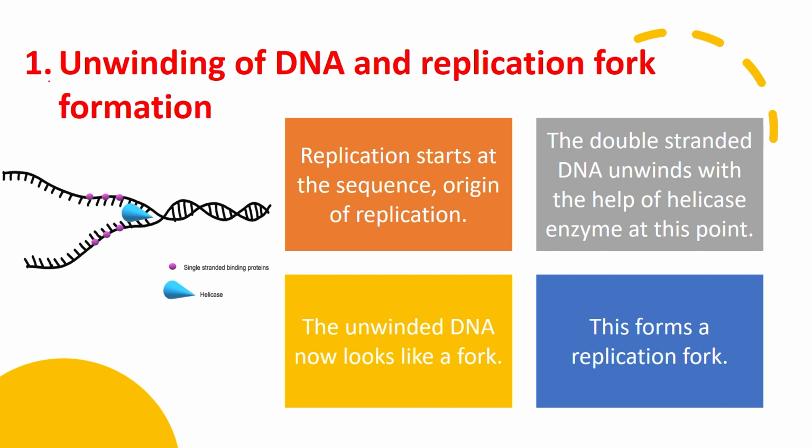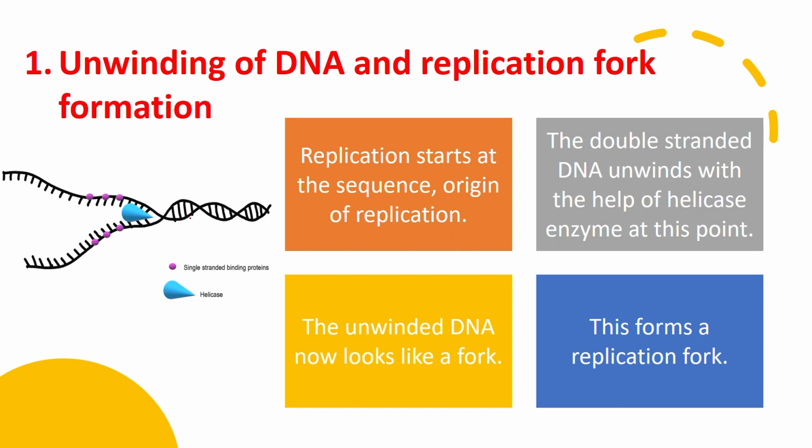The first point, unwinding of DNA and replication fork formation. You know that this double-stranded spiral structure is the DNA molecule, and before DNA replication, this structure will unwind like this.